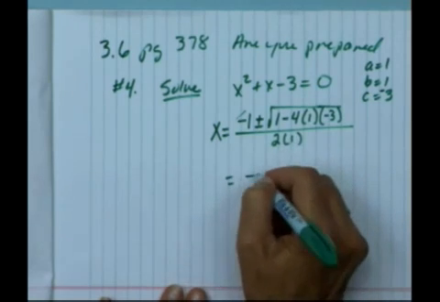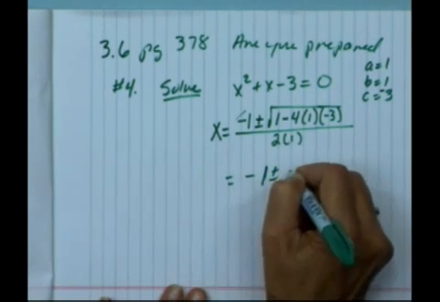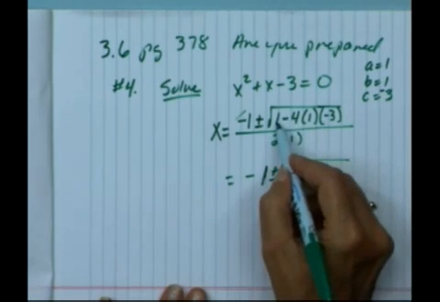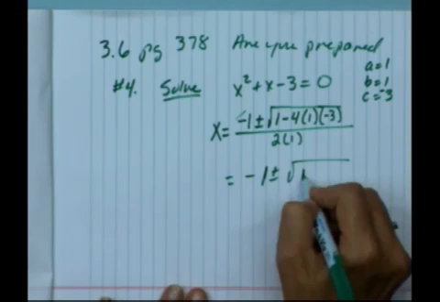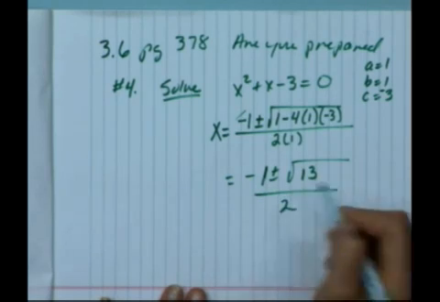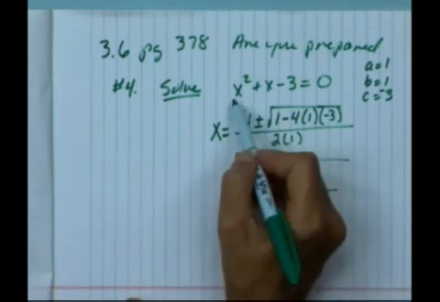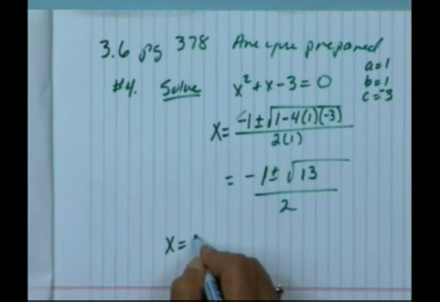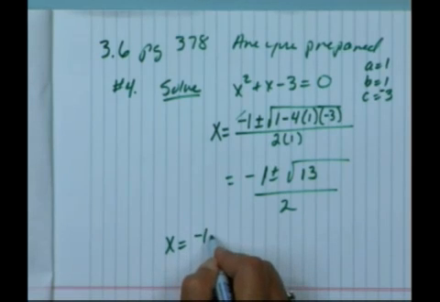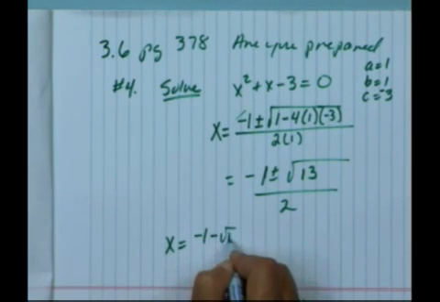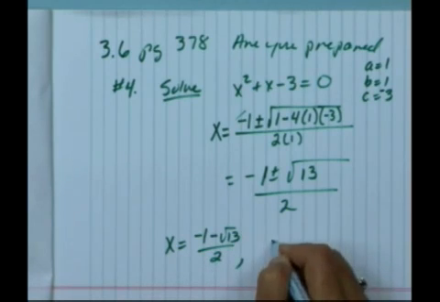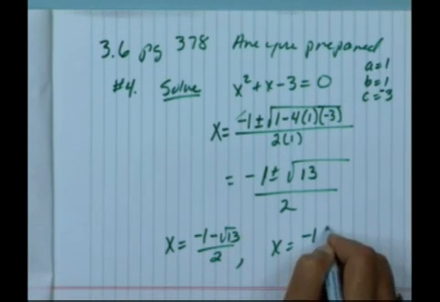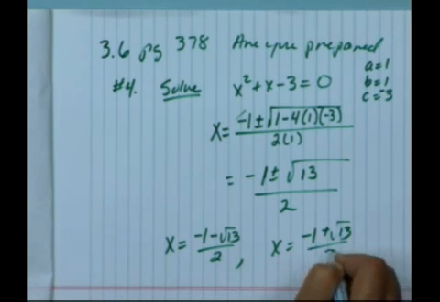So we get negative 1 plus or minus the square root of 1 plus 12, 13, over 2. So to this quadratic equation, we have two real solutions. Negative 1 minus the square root of 13 over 2, and x is equal to negative 1 plus the square root of 13 over 2.